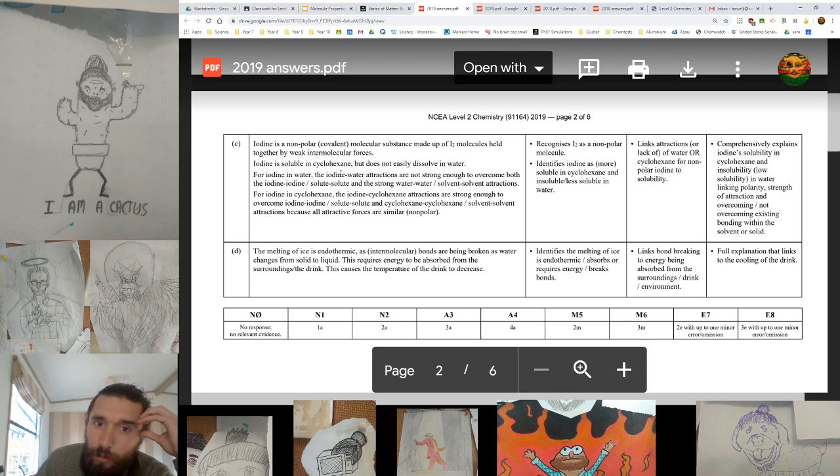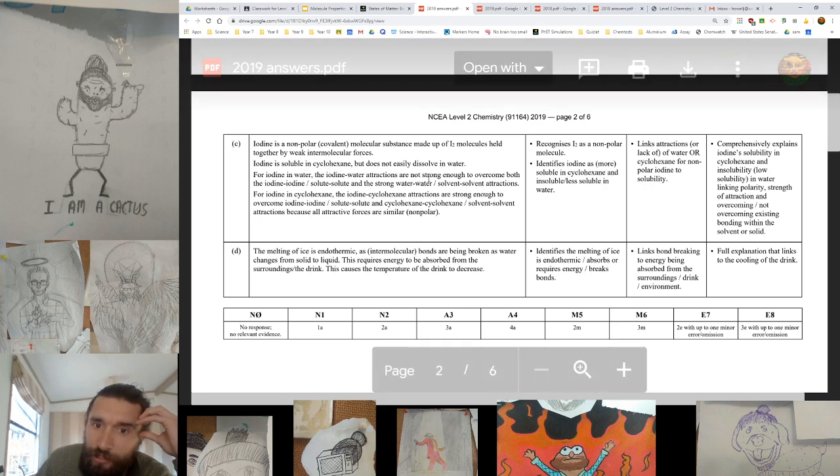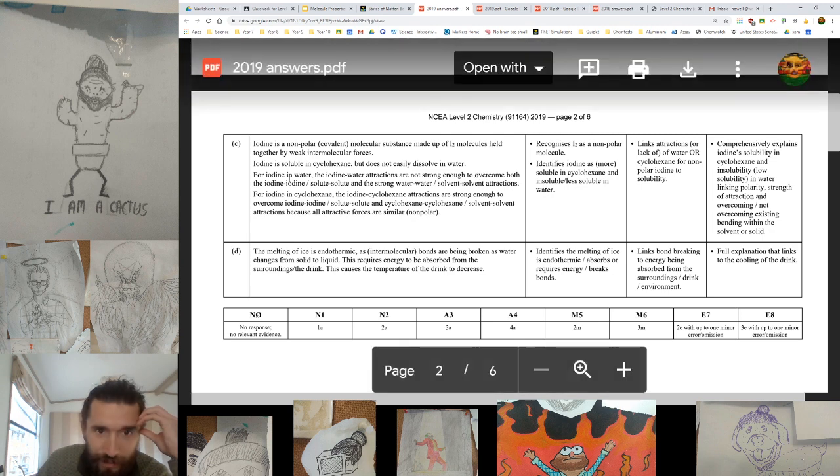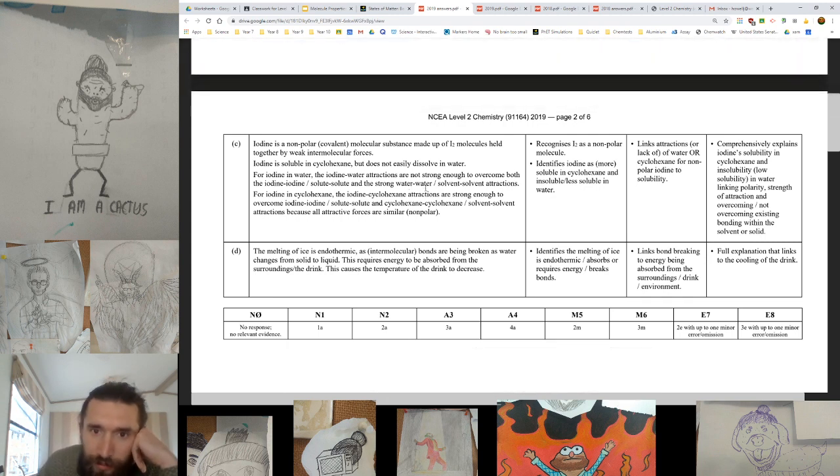So for iodine and water, the iodine-water attractions are not strong enough to overcome the attractions between individual iodine atoms, or the water to another water molecule attractions, which are quite strong.